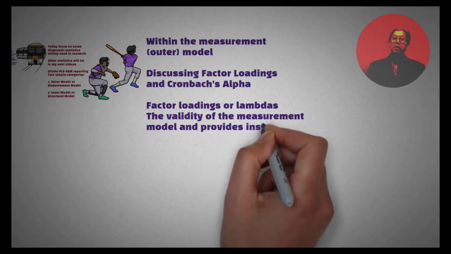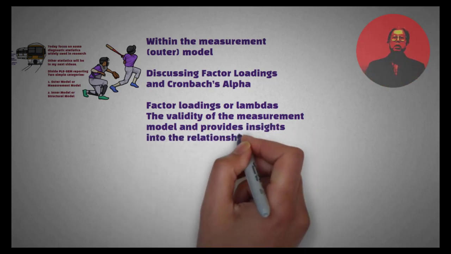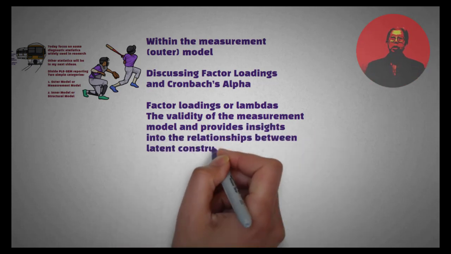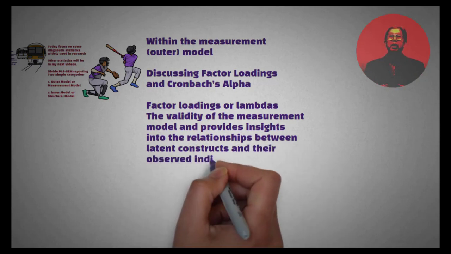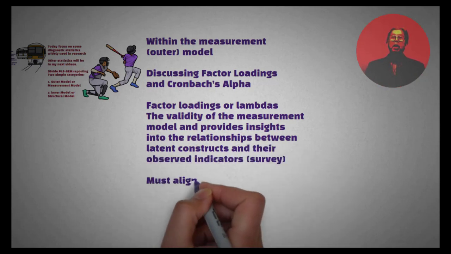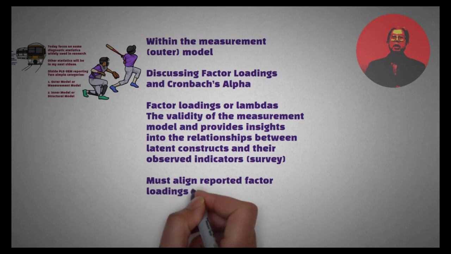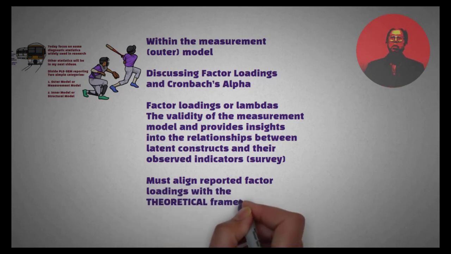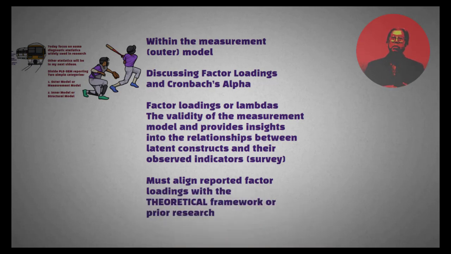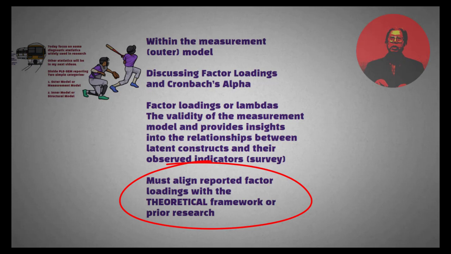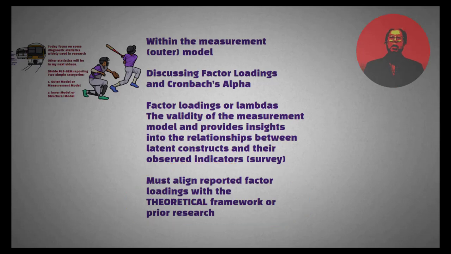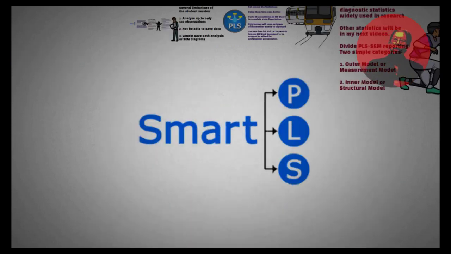What are factor loadings? Factor loadings, or lambdas in the literature, demonstrate the validity of the measurement model and provide insights in the relationship between latent constructs and observed indicators or survey questions. In addition, you must align coherent reported factors loading with the theoretical framework, prior research, theory.